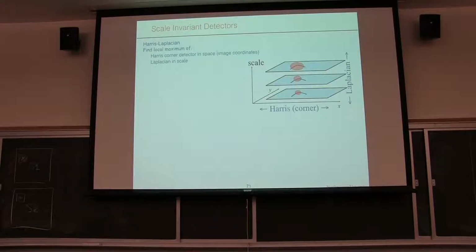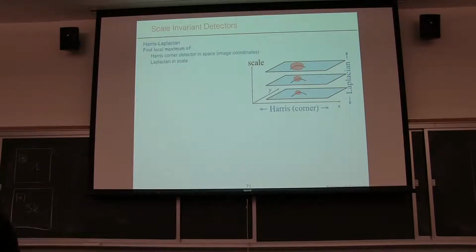Okay, so I'm going to talk about two ways of doing corners at multiple scales. They're very similar. They appear in the literature at about the same time. One is based on the corner detector that we just talked about in class, which is, by the way, if I didn't mention before, the Harris corner detector. The idea is we are going to find corners on the image and blurry versions of the image.